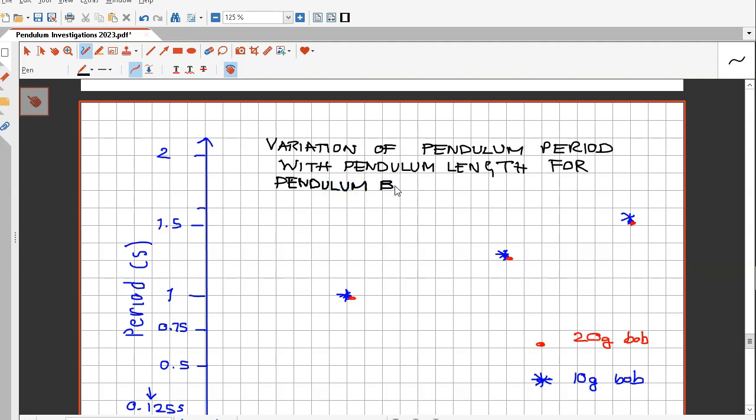With scientific writing, don't be scared to repeat words for clarity, even though it seems a little bit, what could we say, verbose, but it's clearer if you just repeat it sometimes, so don't be afraid to do that. Variation of, so I repeated pendulum quite a few times here. Variation of pendulum period with pendulum length for pendulum bobs of different mass.